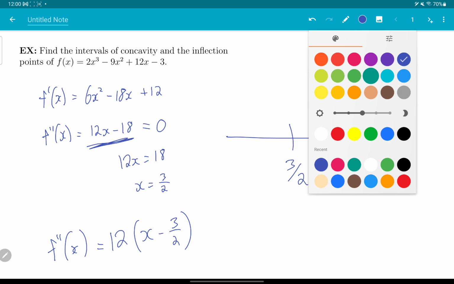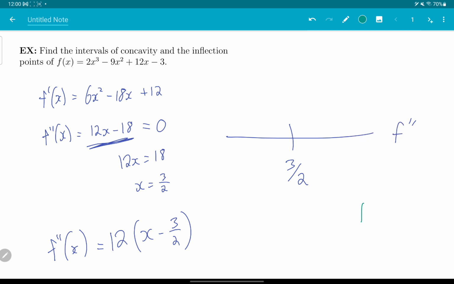And I do test points. f double prime of, say, 0. It's always nice to use 0. I get less than 0, because I get 12 times a negative number. f double prime of, say, 2 is going to be bigger than 0.